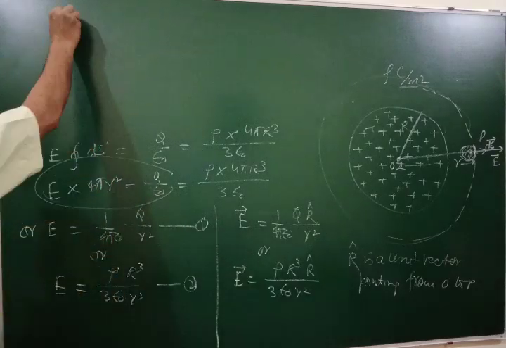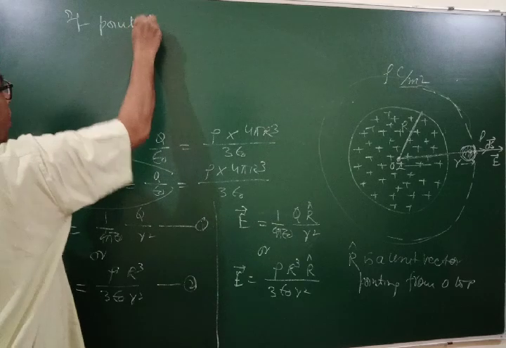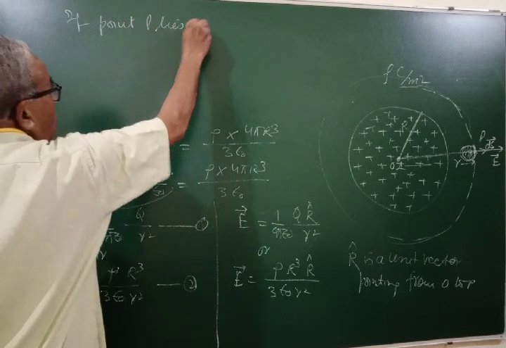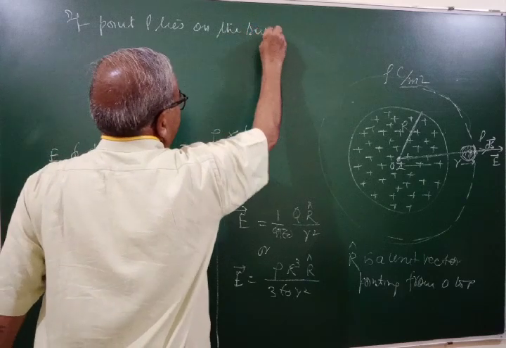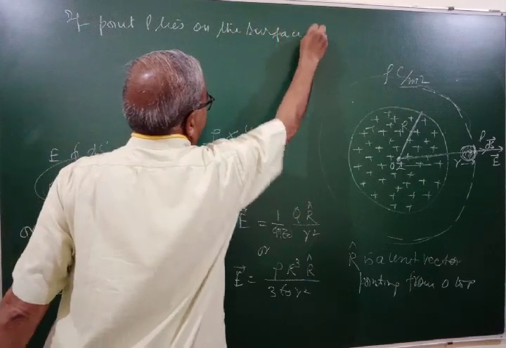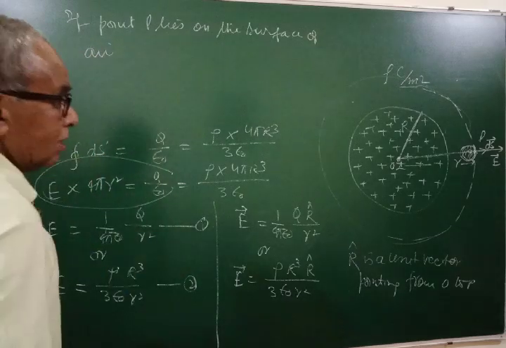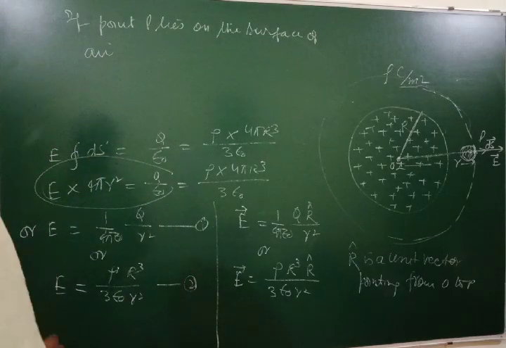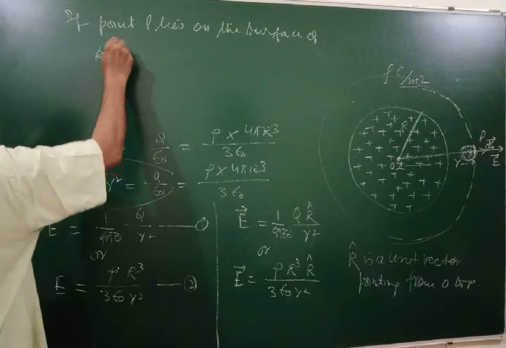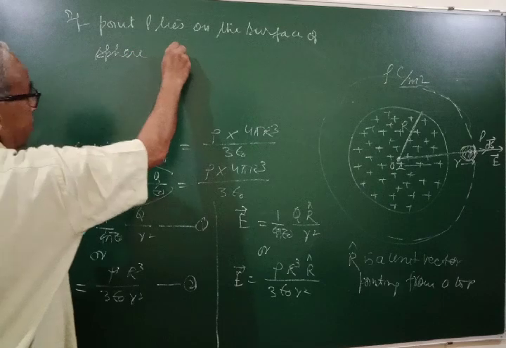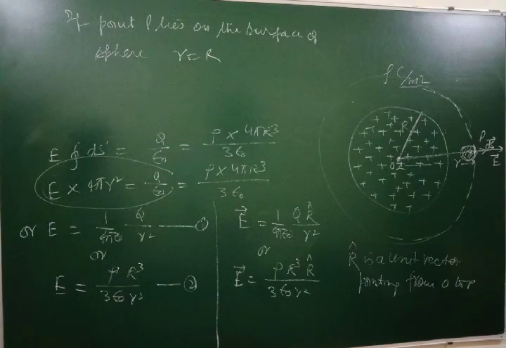If point P lies on the surface of the sphere, then small r equal to capital R can be used in equations 1 and 2.